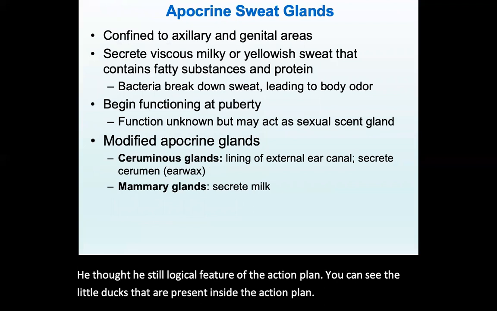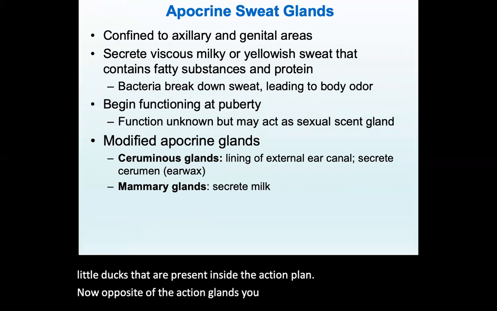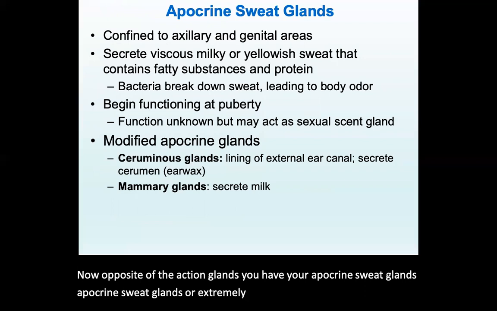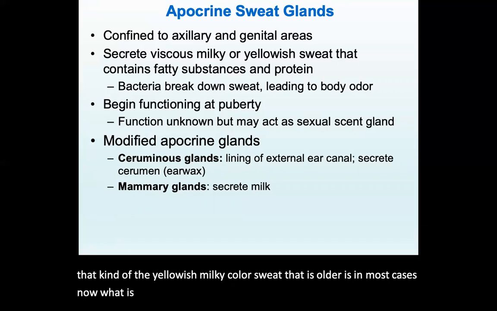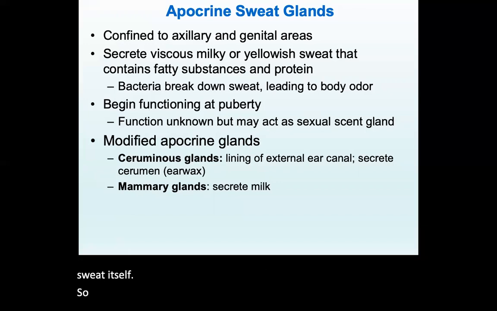Now, opposite of the eccrine glands, you have your apocrine sweat glands. Apocrine sweat glands are extremely important in producing that yellowish, milky-colored sweat that is odorous in most cases. Now, what is the reason that sweat is odorous? It is not the sweat itself. When the sweat gets produced, you have added fatty substances and proteins in the sweat.